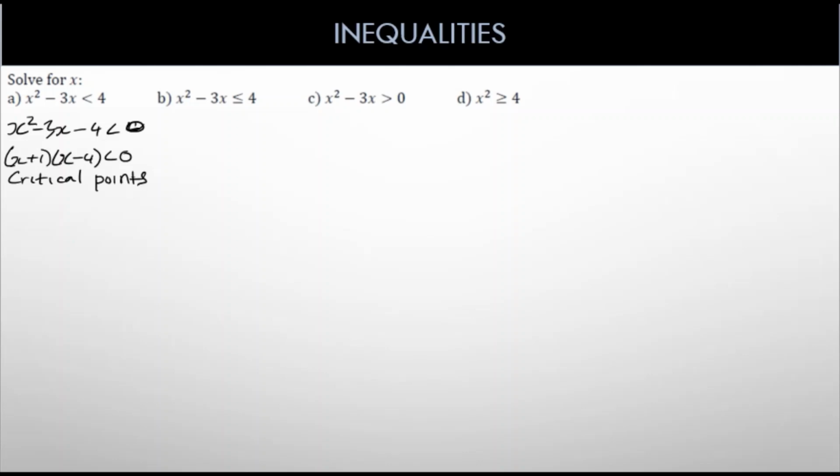Your critical points are the points that are going to allow you to sketch your diagram. My critical points are x is equal to -1 or x is equal to 4. Those are my critical points, and I'm going to sketch them here on my number line, starting with the smallest value, which is -1, and then going to 4.